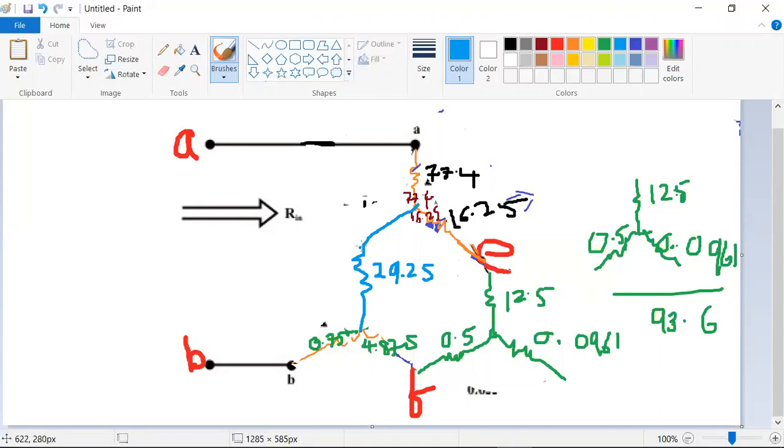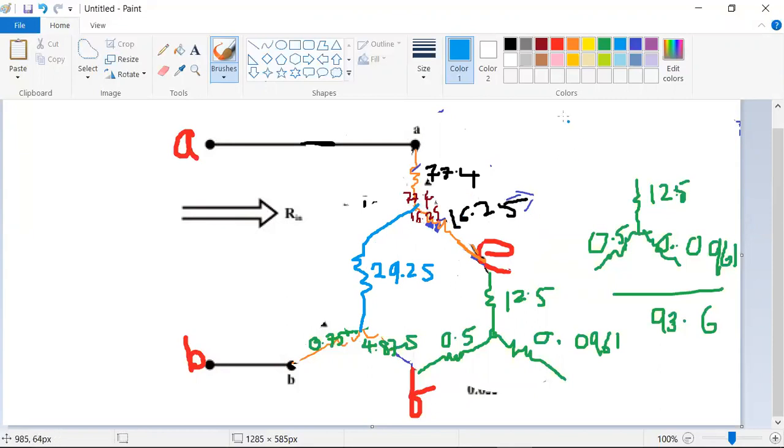Don't add any point here, because you remove that point by adding these two resistors. 29.25. Then what about this 16.25 and 12.5? 16.25 plus 12.5, then it will be 28.75.